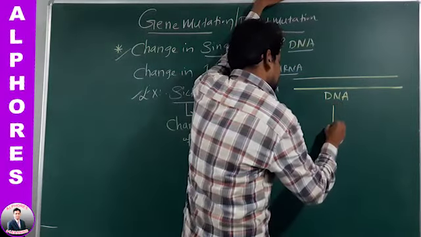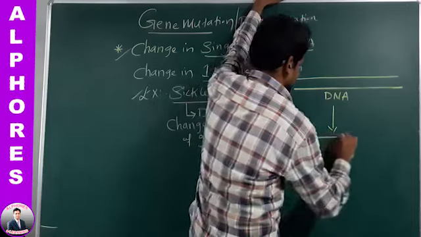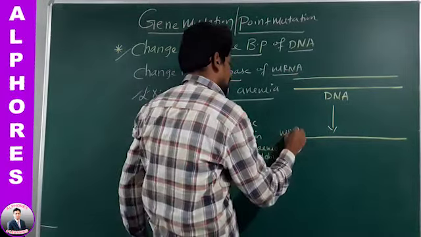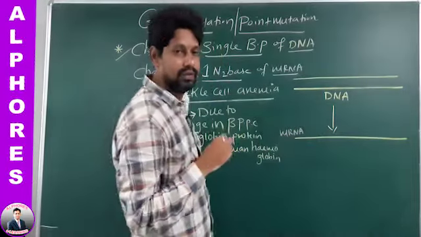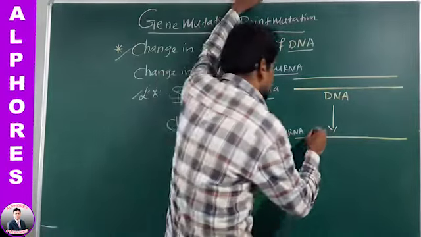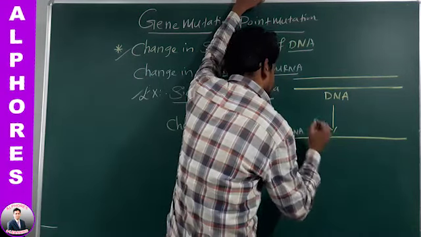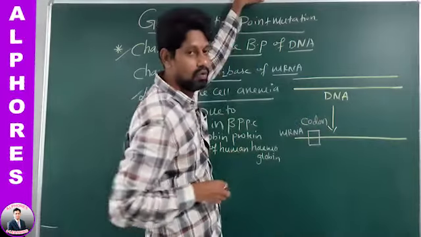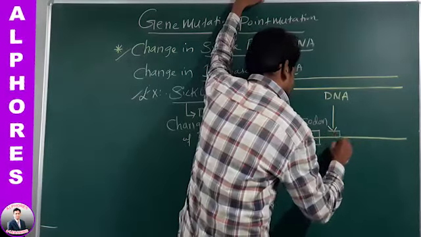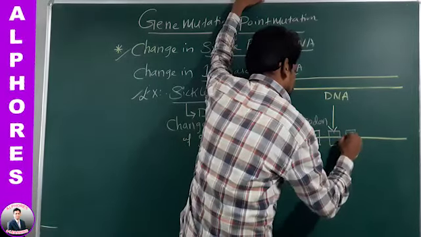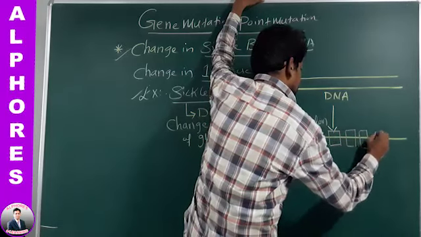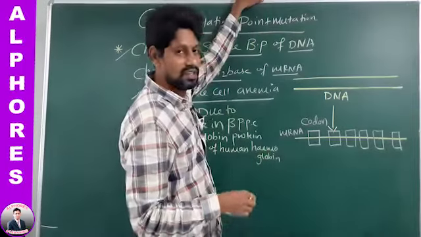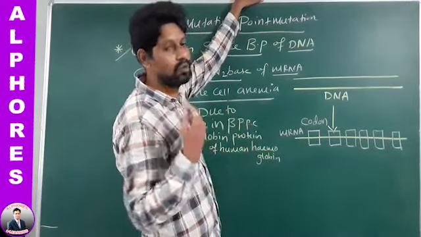This DNA has synthesized mRNA. This is mRNA. This mRNA is made up of codons. This is one codon, this is another codon. Like this, mRNA is made up of many codons.